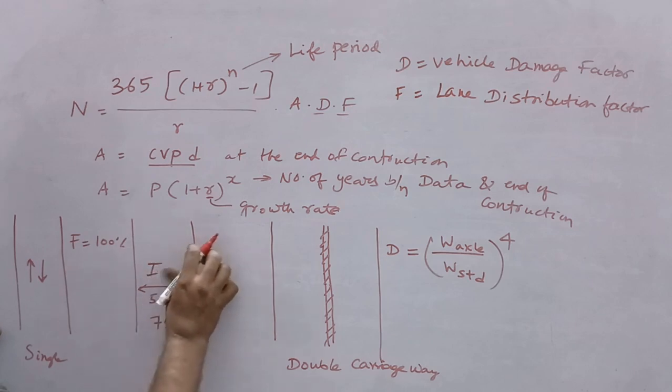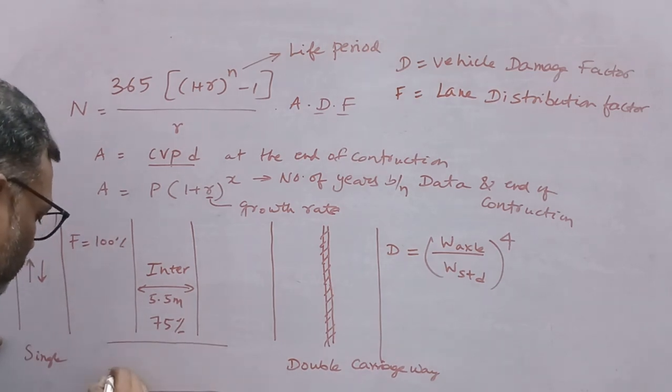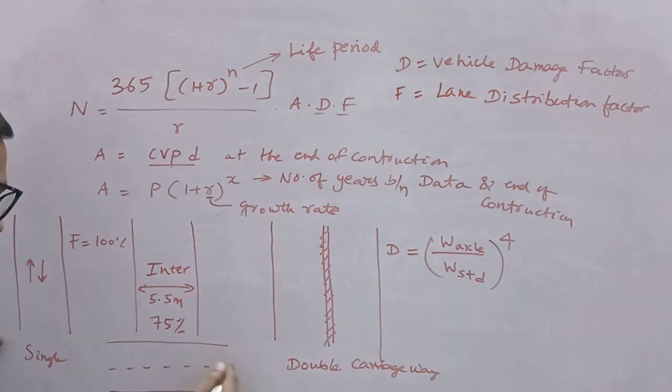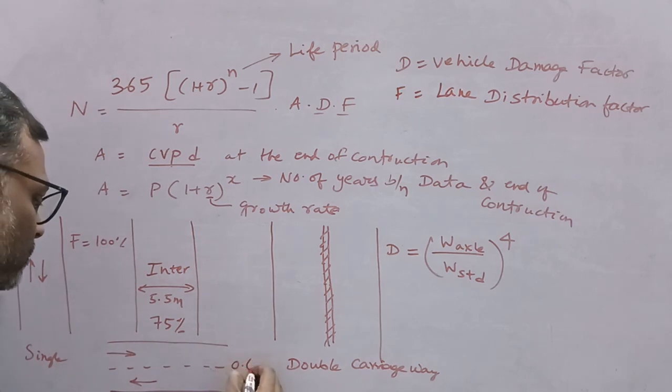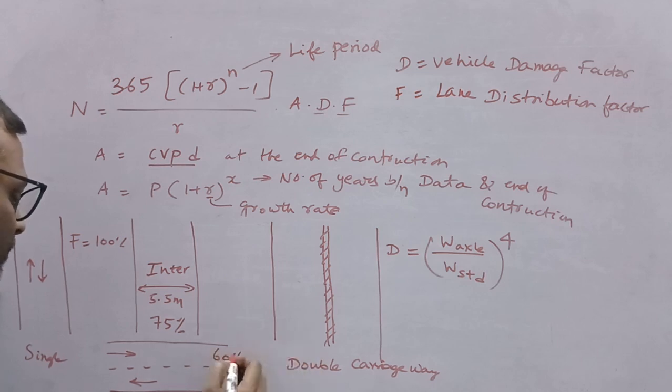So intermediate carriageway, we have 75%, and if it is a two-lane road, then 60%, that is 0.6. This is for single carriageway.